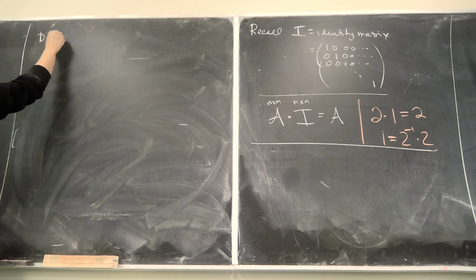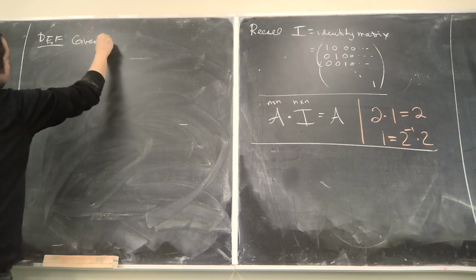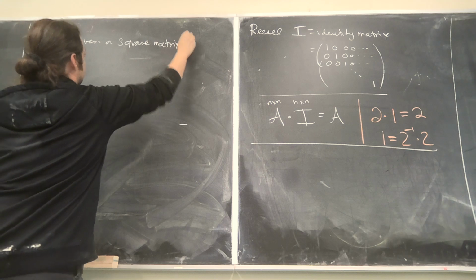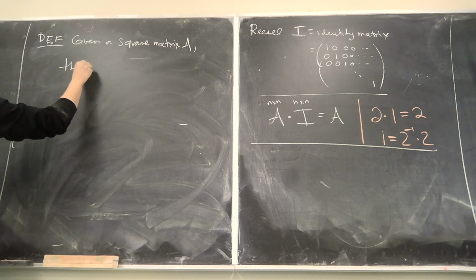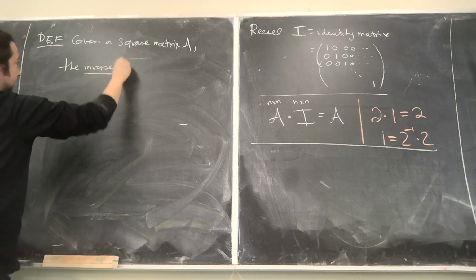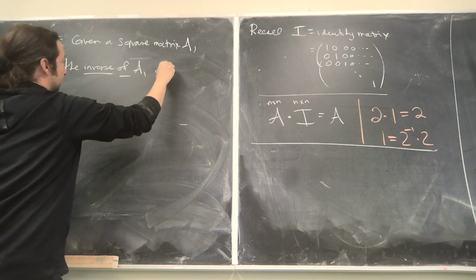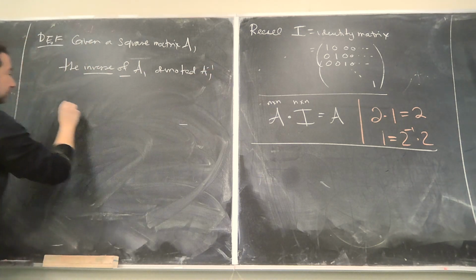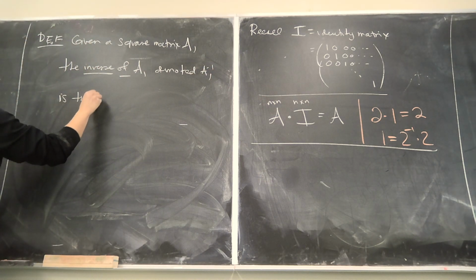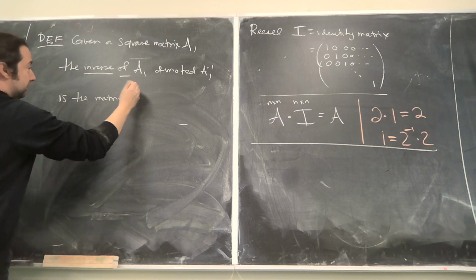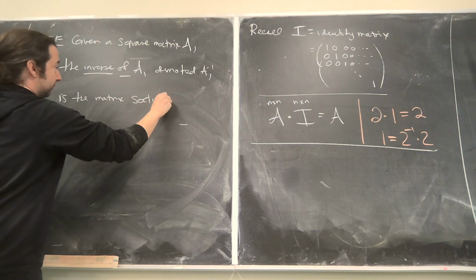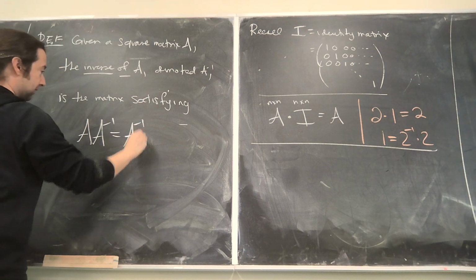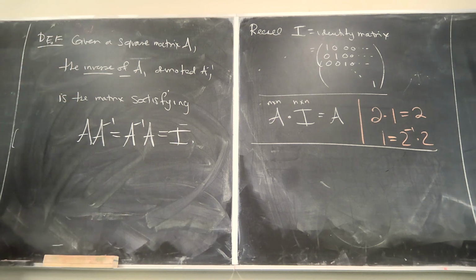Definition: given a square matrix A, the inverse of A, which is denoted A inverse, is the matrix satisfying A times A inverse is equal to A inverse times A, which is equal to the identity matrix.